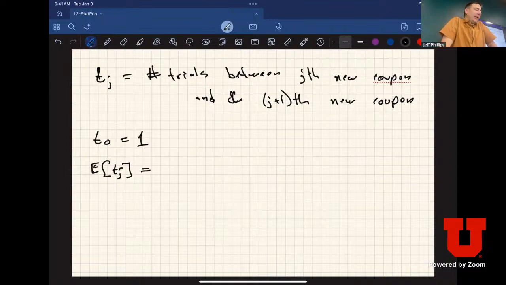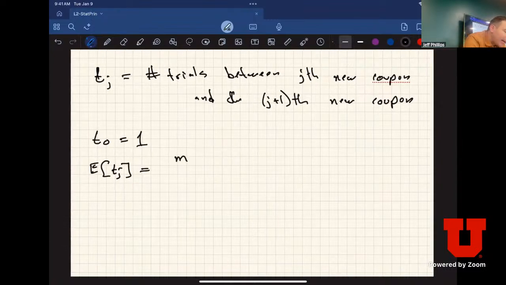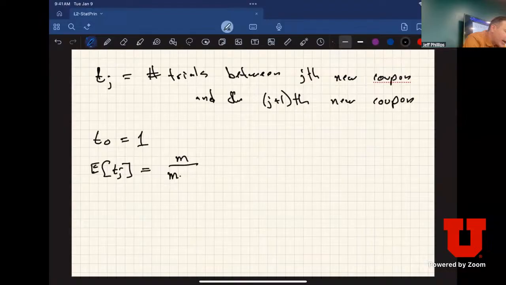If I've already seen j coupons so far, how many things do I have left? The probability of seeing a new one is (m minus j) over m, so the expected number of trials is m divided by m minus j.